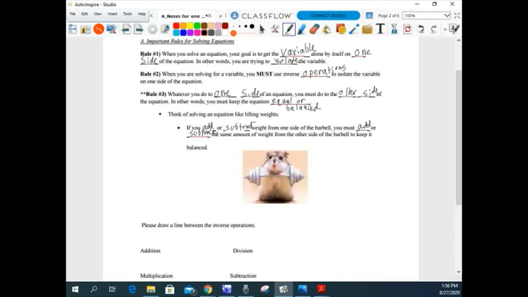Let's say we have 45 pounds on each side of the barbell. And I want to take 10 off over here. So now I'm 35 and 45. Is this balanced? No, this side is going to be heavier, making things more difficult to lift. So you always want to make things balanced on both sides.